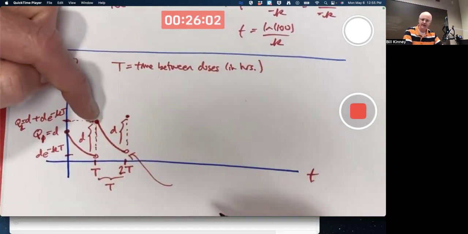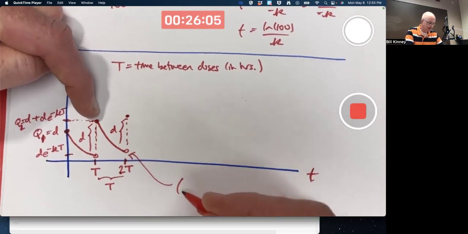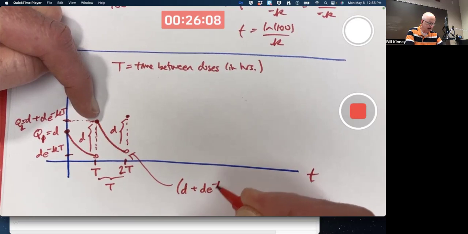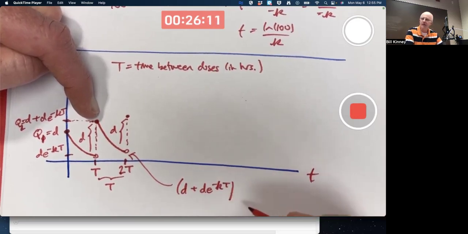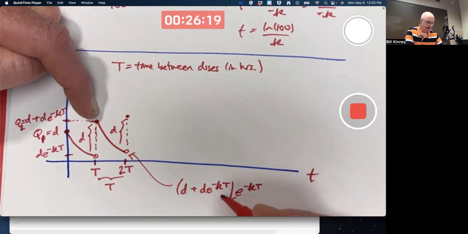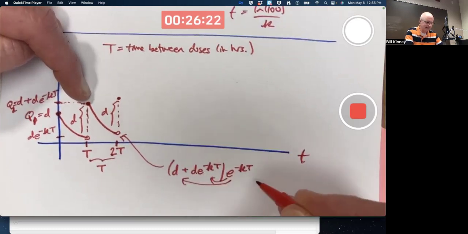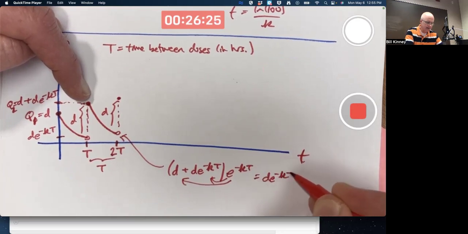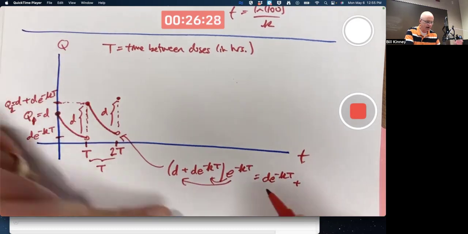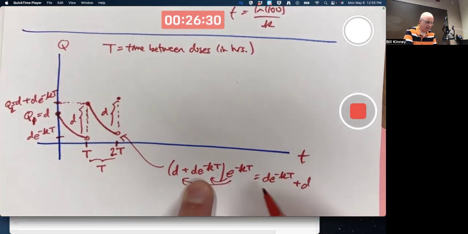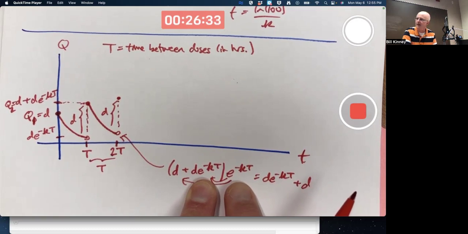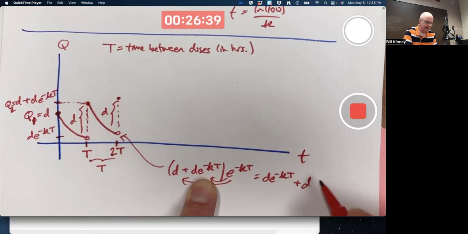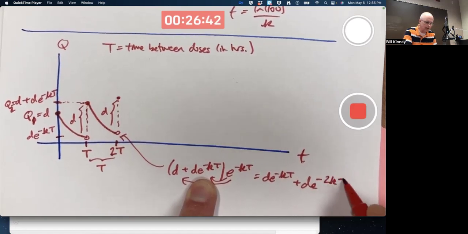This new amount, D plus D e to the negative KT, has got to decay for an amount of time capital T. It's got to get multiplied by e to the negative K times capital T. And then I could distribute that through the parentheses and write it as D e to the negative KT plus, think carefully here, D e to the negative 2KT. When you multiply those two things, the exponents get added, right? Negative KT plus negative KT becomes negative 2KT.